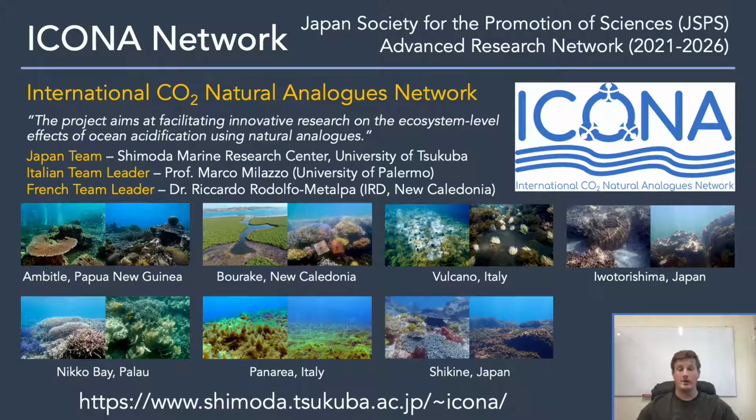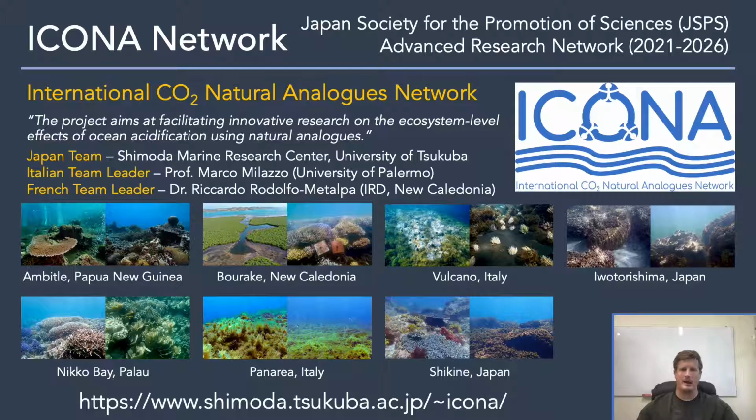Now, the work that I've shown today obviously comes from only a single CO2 seep, and so we're very interested in looking to make these patterns more generalized so that they can have more relevance at regional or global scales. And so starting this year, we actually started a JSPS project for the ICONA network. So this is the International CO2 Natural Analogues Network.